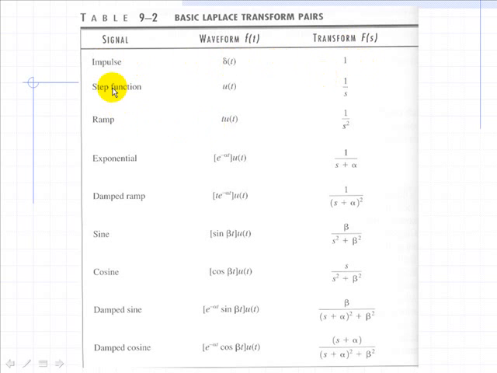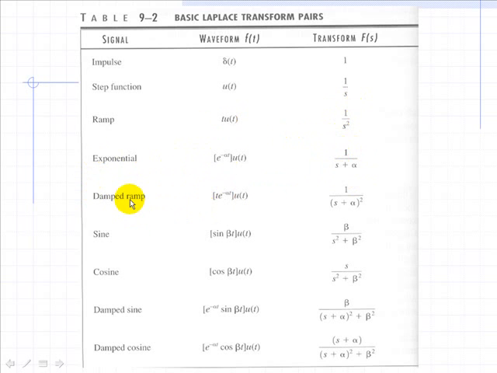Notice the impulse is very thin in the time domain and becomes very wide in the frequency domain, because it's a constant. We can look at the step function, u of t, which we replace with 1 over s. Multiplying by a ramp t gives 1 over s squared, and the exponential e to the minus alpha t corresponds to 1 over s plus alpha in the Laplace domain.